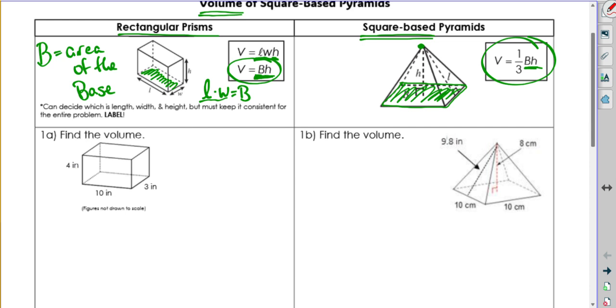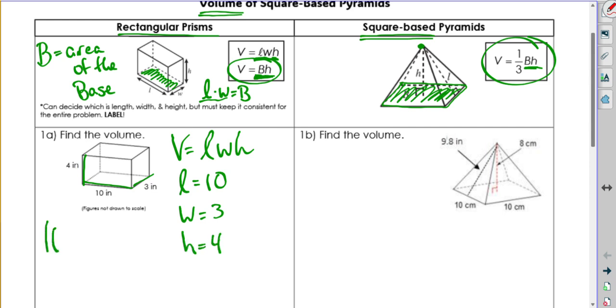All right, so first let's just find the volume of this prism. We're going to do length times width times height. It really doesn't matter which one's the length, width, and height. You could rotate this box and it would look different, but it's still going to have the same volume. I'm going to say that's my length, so I'll say L is 10. That's my width, and that's the height.